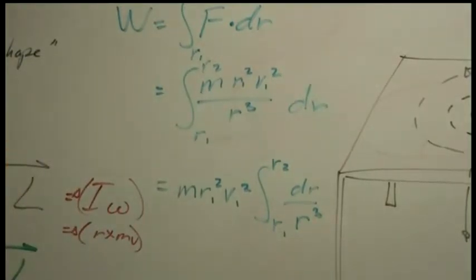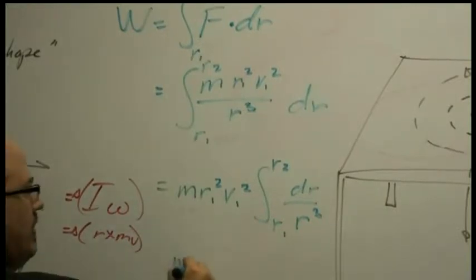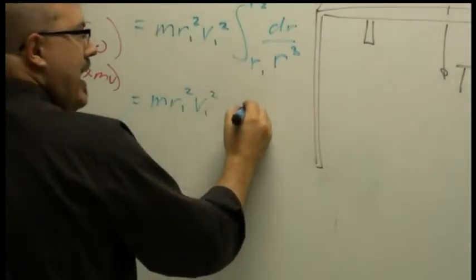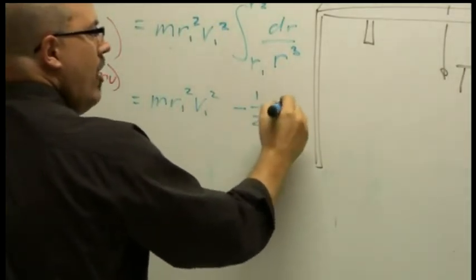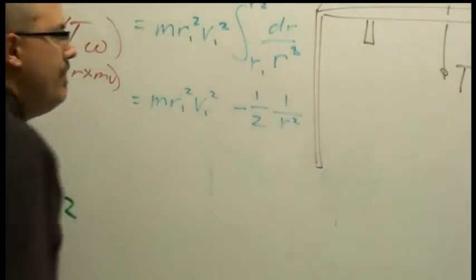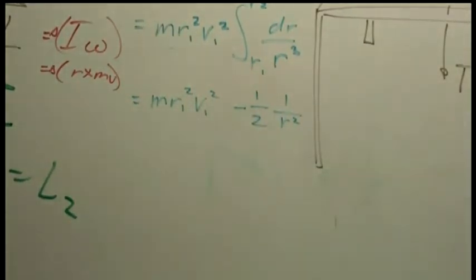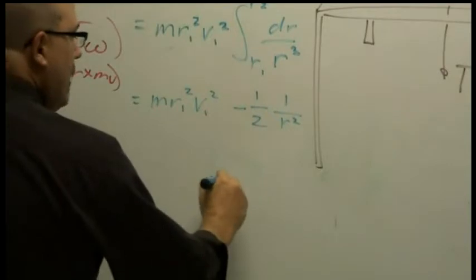My W's are looking like omegas now. What is it? Anyone? It's negative 1 over 2R squared, right? Is that right? Yeah. Because you add 1, it's the same thing as integrating this.